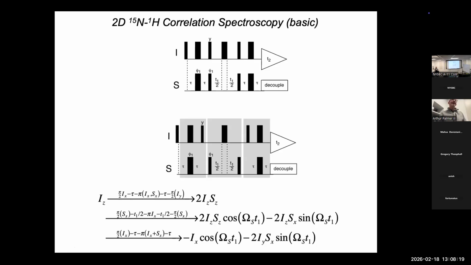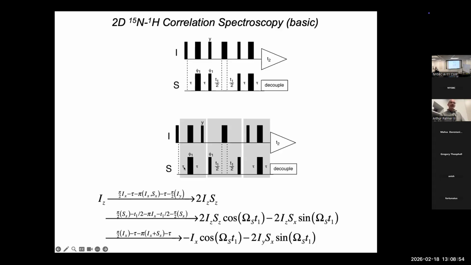A 180 turns IZ to minus IZ. So the chemical shift is going to refocus after the 180-degree pulse. But the J coupling, the Hamiltonian is pi J 2 IZ SZ. And if we apply a 180-degree pulse on both spins, the Hamiltonian is unaffected, so the J coupling is going to go on. So we'll have the J coupling evolve for a total time period 2 tau.